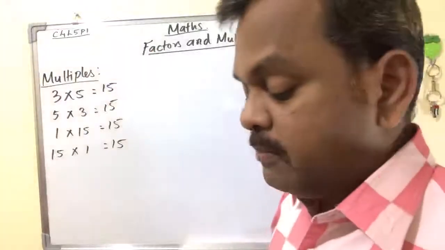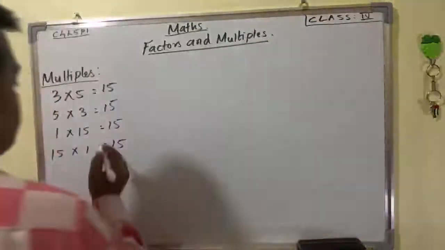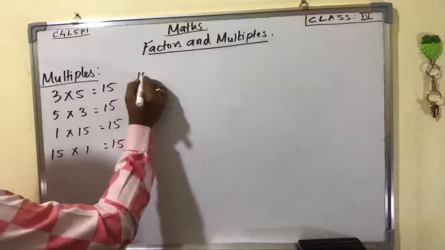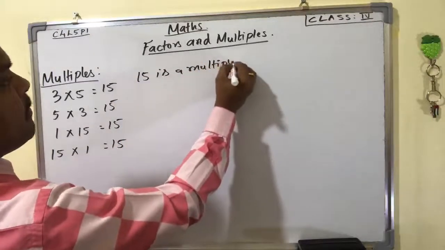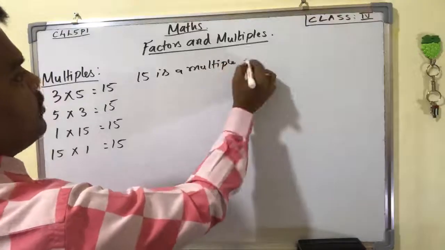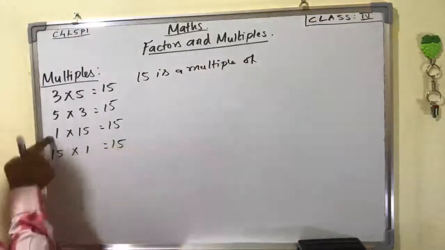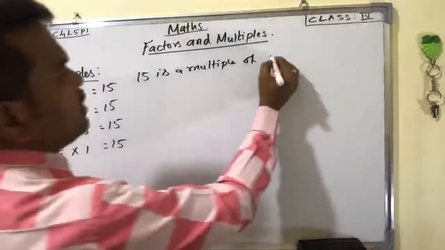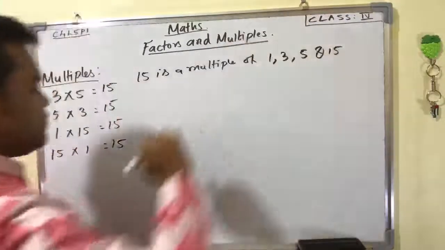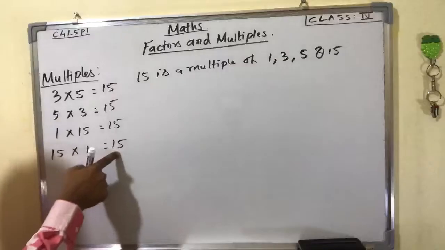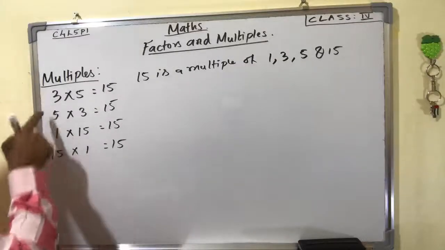So we say that 15 is a multiple of 1, 3, 5 and 15.